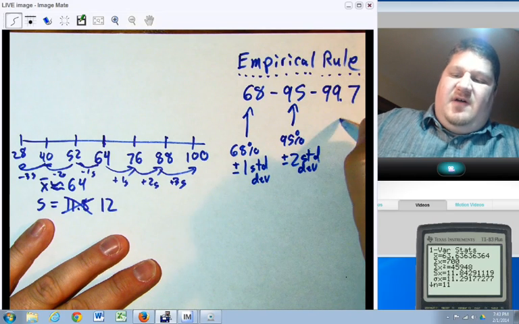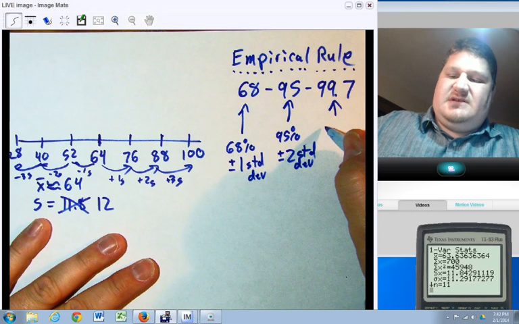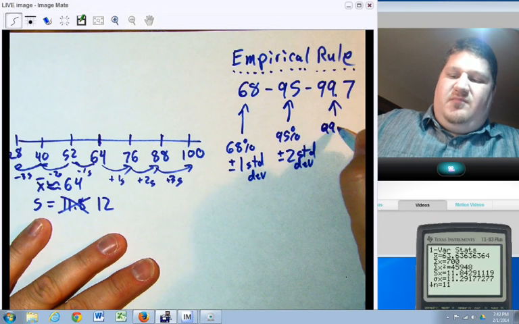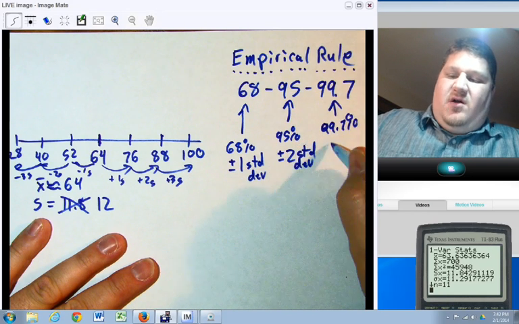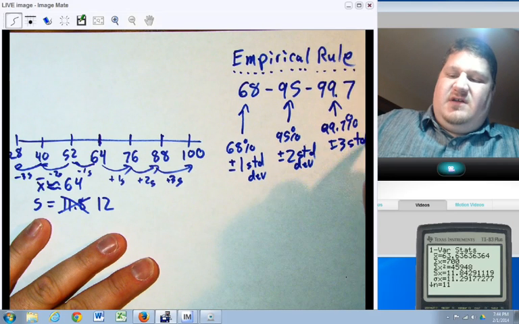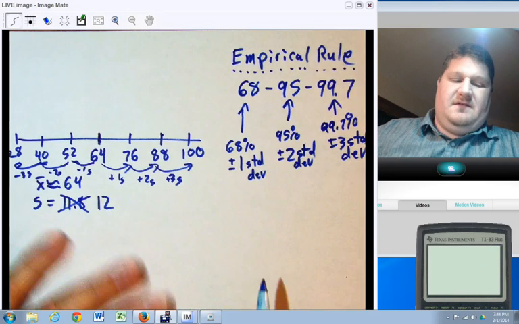And then finally, 99.7% would be within plus or minus 3 standard deviations from the mean.